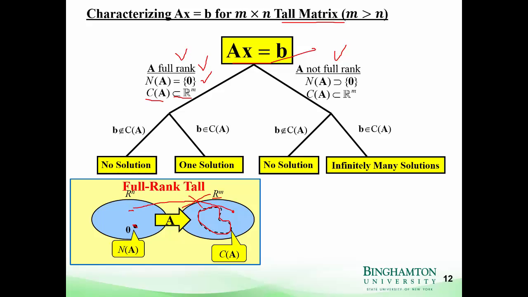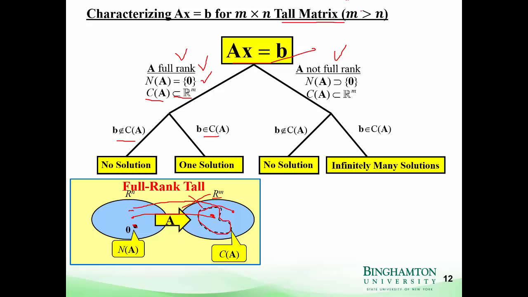Nope, can't do it. Only if I pick a B here can I find an X over here that maps to it. And once I find that X, it will be unique. So that's this dichotomy. Maybe I should say bichotomy. Between B in the column space or B not in the column space. So we get no solution or one solution.